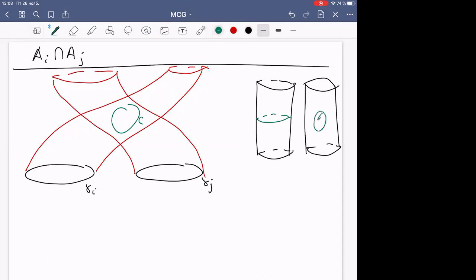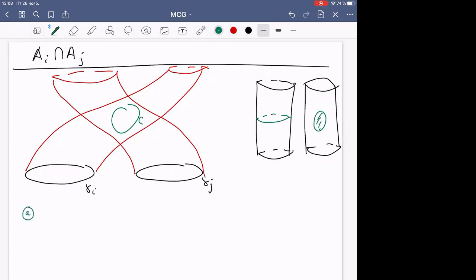Either it bounds a disk in this cylinder, or it is isotopic to the base of the cylinder. And let us consider these two cases.